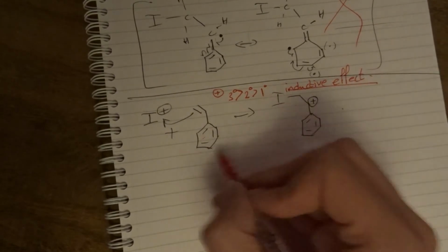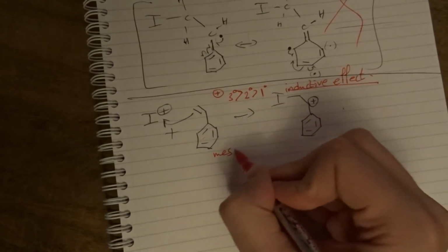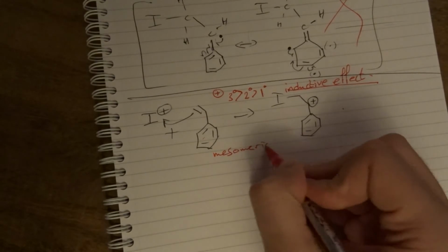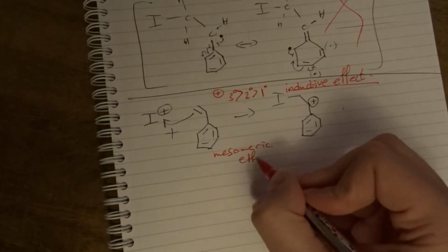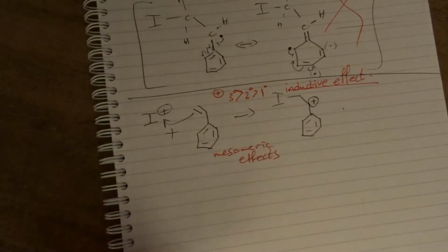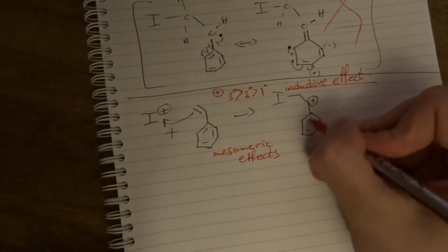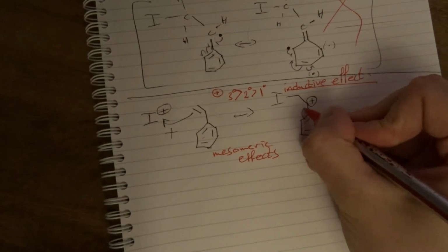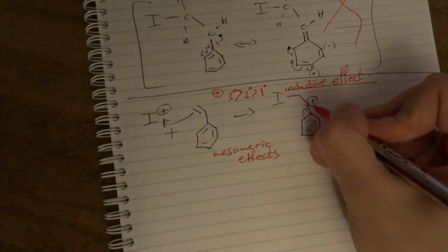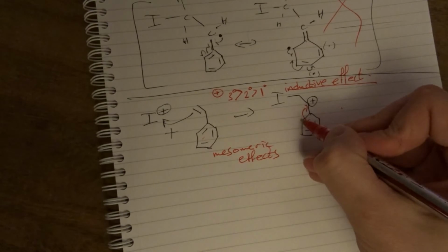Second, do we have mesomeric effects? Yes, mesomeric effects because we have a ring effect. So we can draw here, those are electrons from the double bond, those can shift to this to form a new double bond, and the positive charge is positioned here.